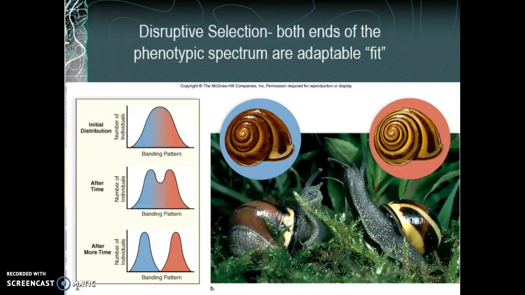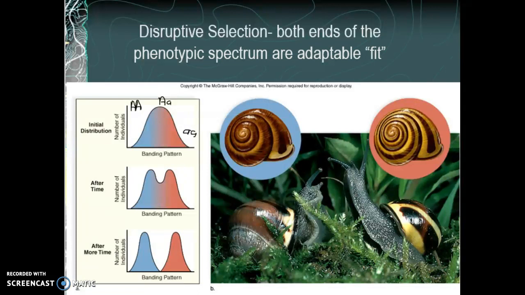That's not fitness. So let's connect this back to a genetic perspective. Let's say to be this end of the spectrum, you were homozygous dominant, big A, big A. This end of the spectrum, you're homozygous recessive, little a, little a. And in the middle, you're a heterozygote. And for whatever reason, heterozygotes don't do well. They don't survive. They don't reproduce as many offspring.